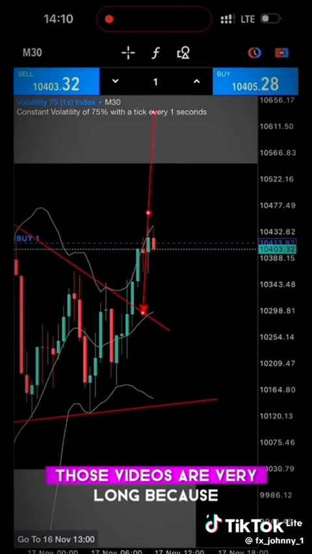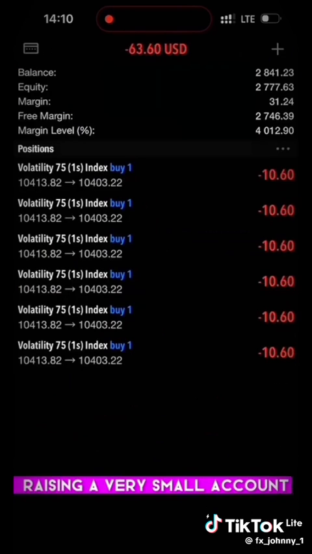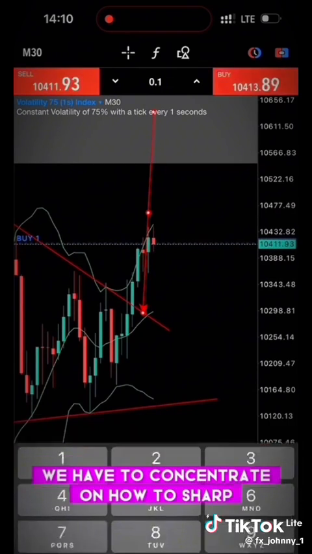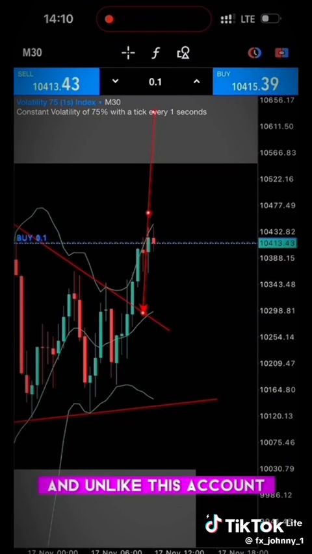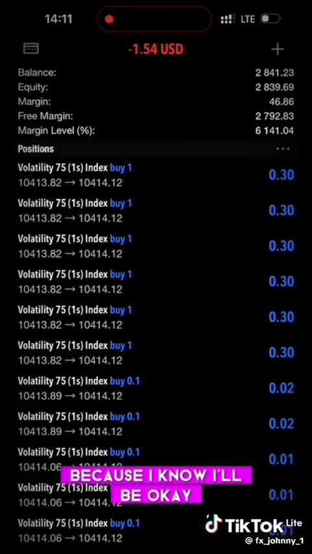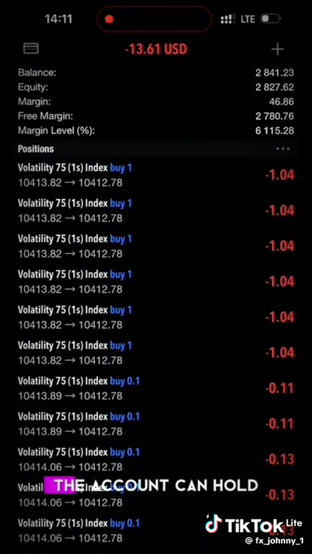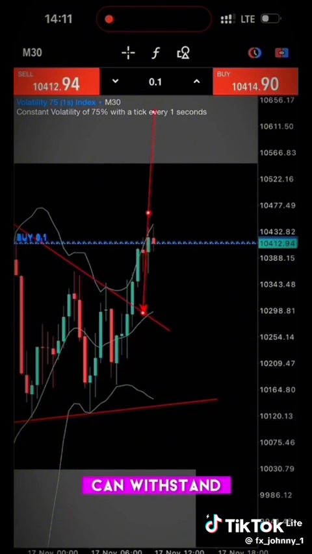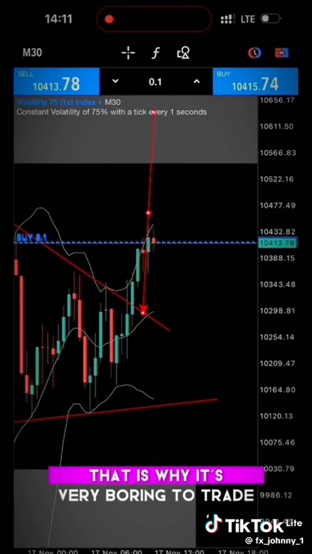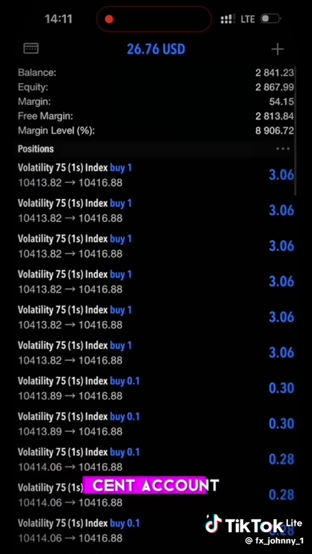Those videos are very long because raising a very small account needs very hard work. We have to concentrate on sharp entries. Unlike this account, I can trade based on floating loss, because I know I'll be okay when floating loss comes. The account can withstand it, but a cents account will not, so you need to be very careful. That is why it's very boring to trade a cents account.